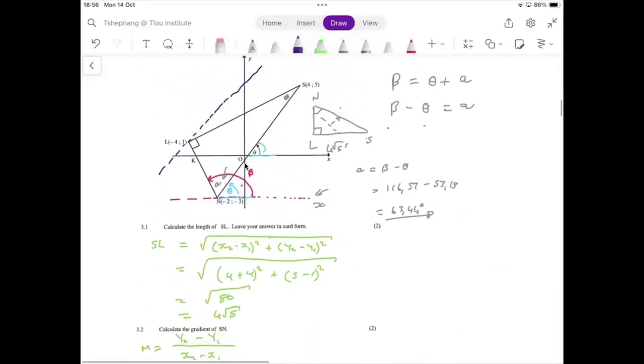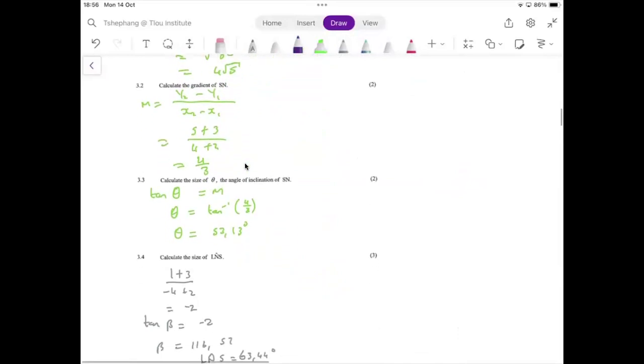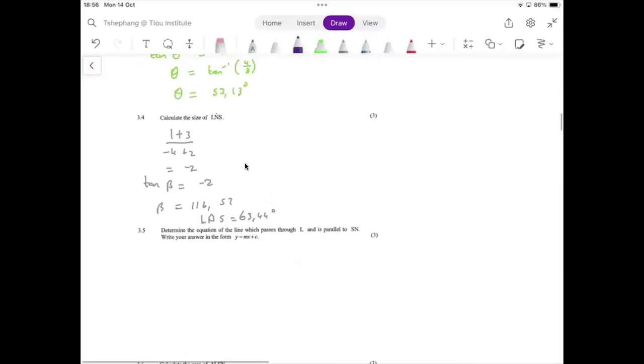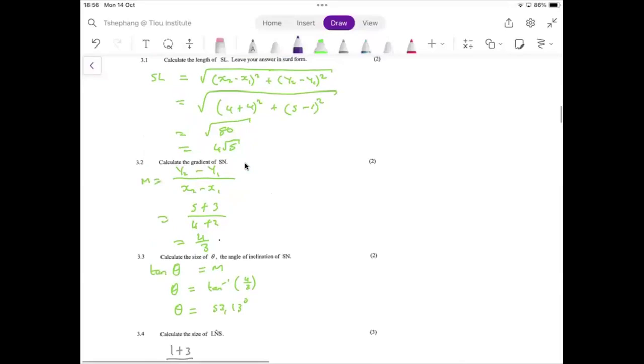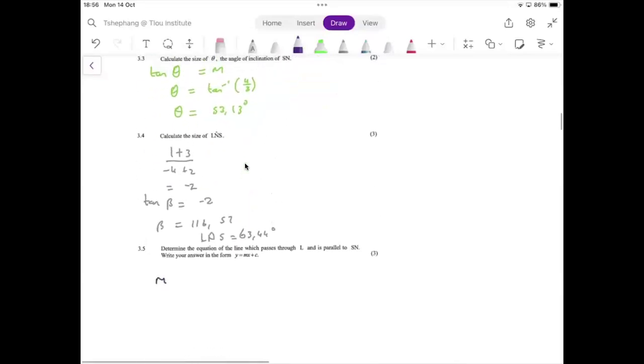Do we have the gradient of SN? I don't think we've calculated the gradient of that. Oh, have we? Just check. No, we have. We do have the gradient, which is 4/3. So I'm simply going to say m is equal to 4/3.